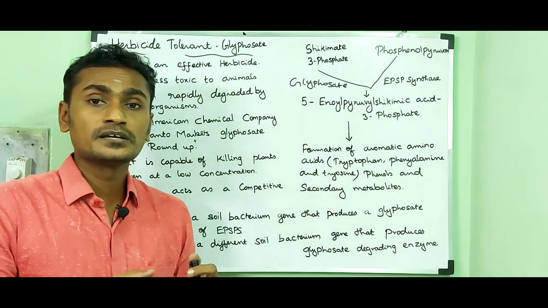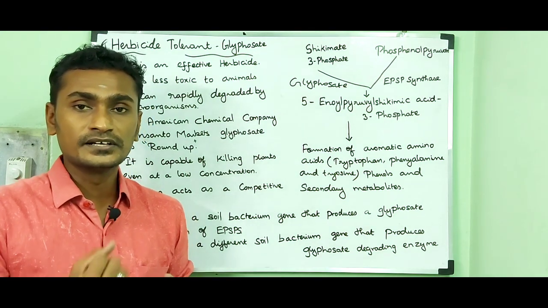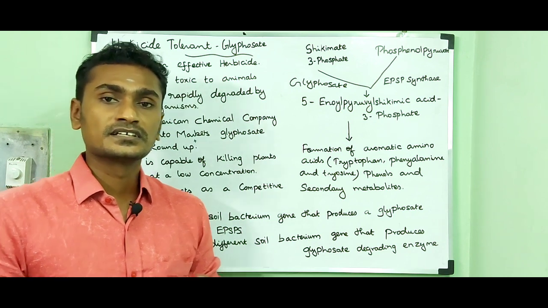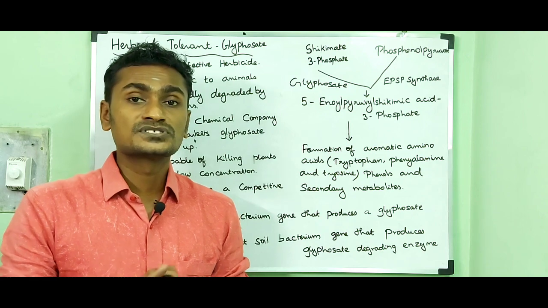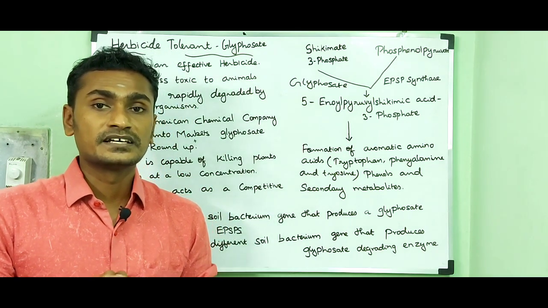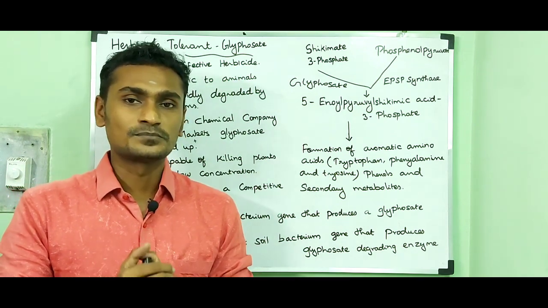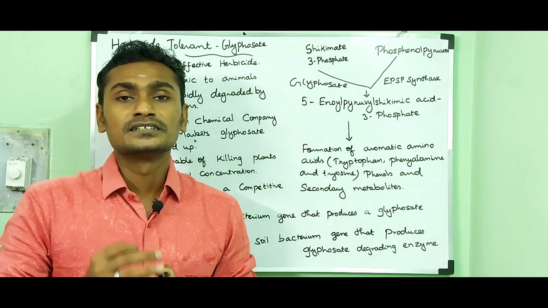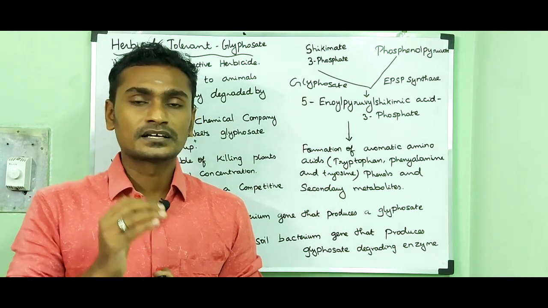So plants are not able to divide their cells and growth also gets reduced, resulting in the death of the plant. This is how the herbicide glyphosate eradicates weeds from the agricultural land, but it also affects the commercial crop. So we have to make the commercial crop tolerant to the herbicide glyphosate.